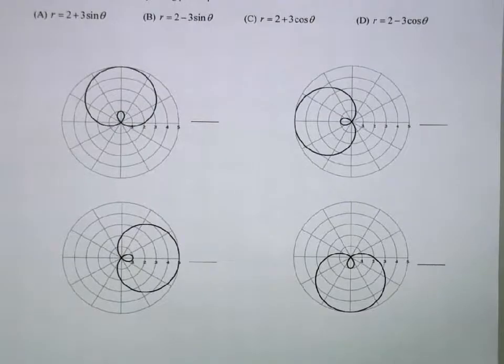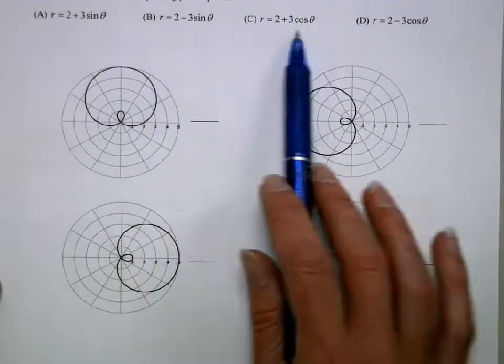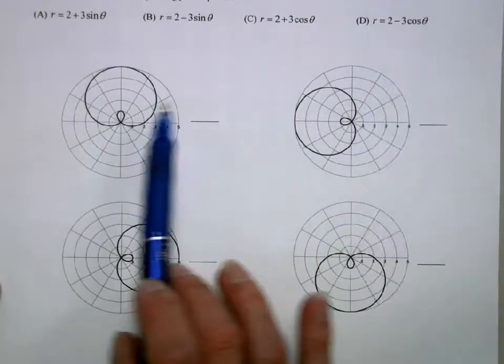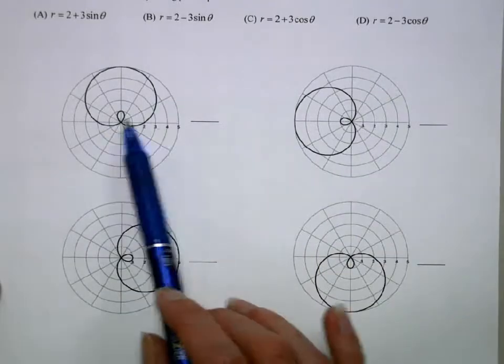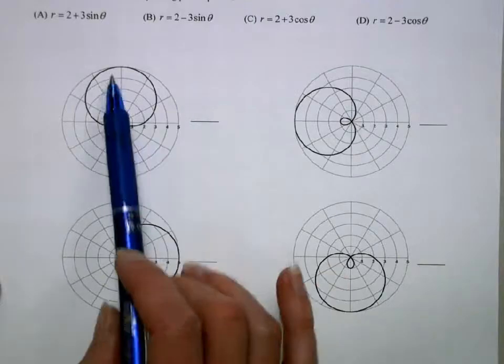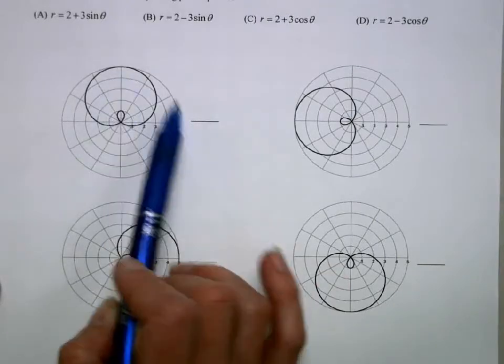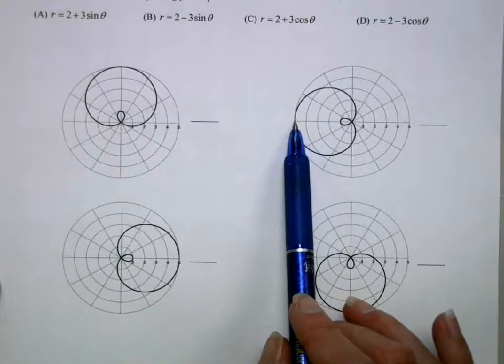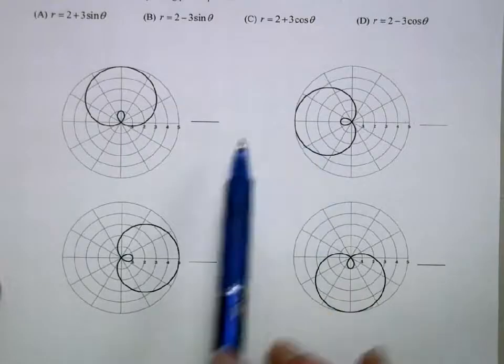Tried and true would be to graph each of these rectangularly and then match that information with here. You're looking for, one's going to have a value at pi over 2, 5. One's going to have a value at pi over 2, pi, and so on. That's a longer method, but absolutely will work.